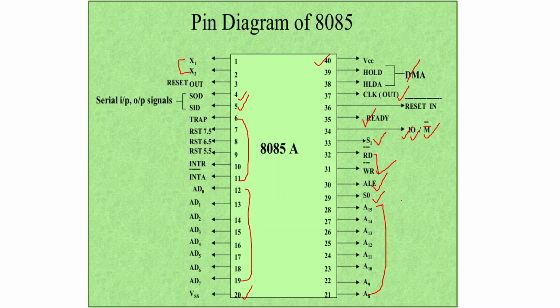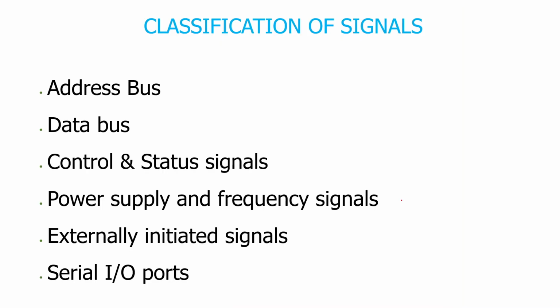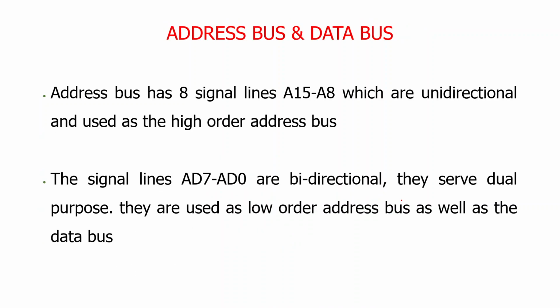And this is about the pin configuration of 8085. Let us see the classification of signals: address bus, data bus, control and status signals, which we have seen in the previous slide, power supply and frequency, that is timing signals, externally initiated signals, and serial input output ports. Let us see one by one.